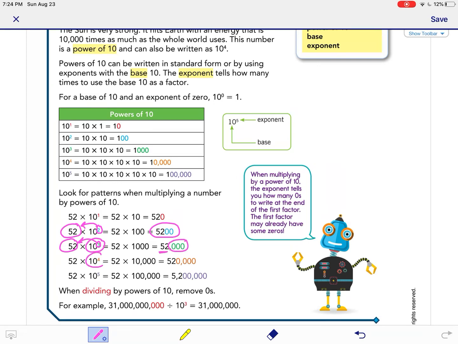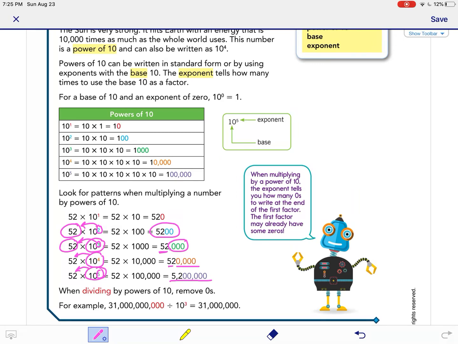52 times 10 to the fourth power, you're going to add how many zeros to this number? 4 zeros. So 52 and you added 4 zeros. Multiplying 52 times 10 to the fifth power, you're going to add 5 zeros to this number. You end up with 52 plus 5 zeros.